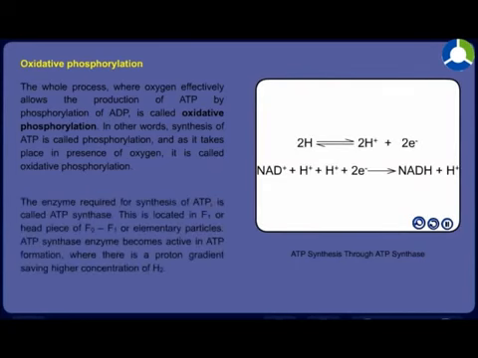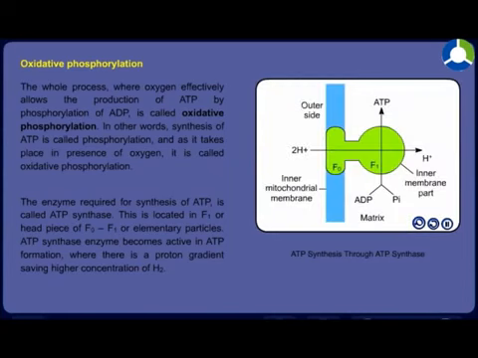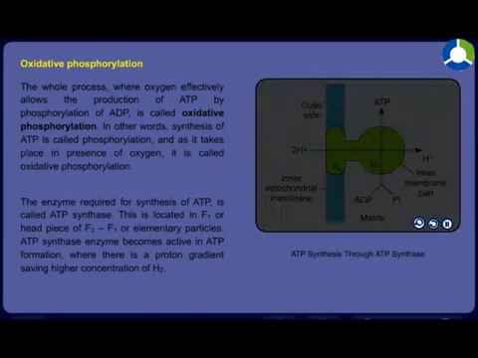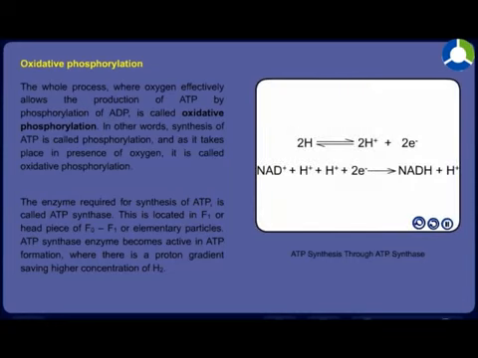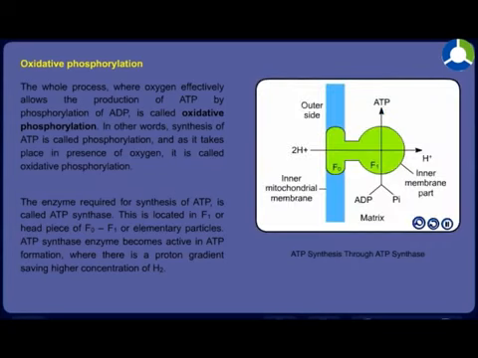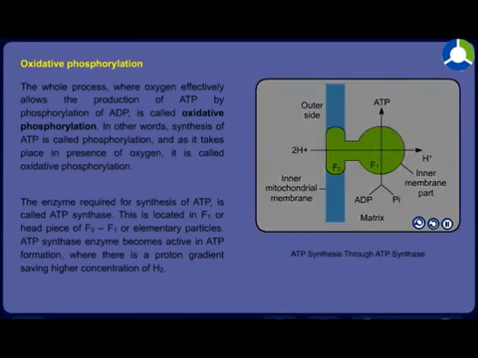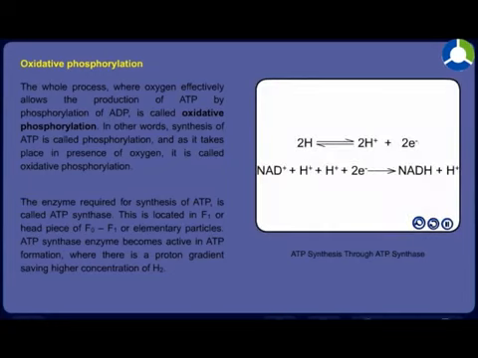The enzyme required for synthesis of ATP is called ATP synthase. This is located in F1 or headpiece of the F0-F1 or elementary particles. The ATP synthase enzyme becomes active in ATP formation where there is a proton gradient showing a higher concentration of H+.